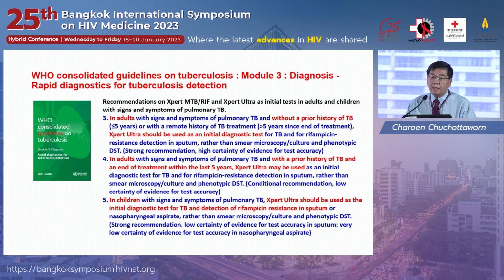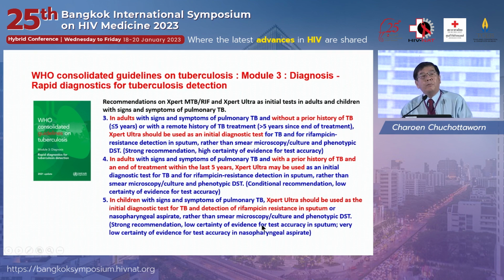The reason is that the new version Xpert Ultra detects the IS6110 small copy number. Sometimes we have a false positive, I mean the remnant DNA in the specimen of the patient. So it gives a false positive, especially in cases where we suspect relapsed tuberculosis. And so they recommend it may be used, as mentioned here.